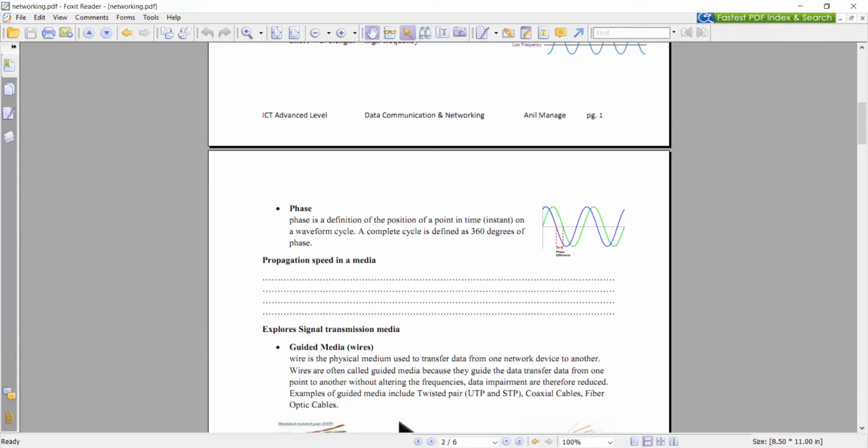The propagation speed also varies from medium to medium, depending on the properties of the medium.